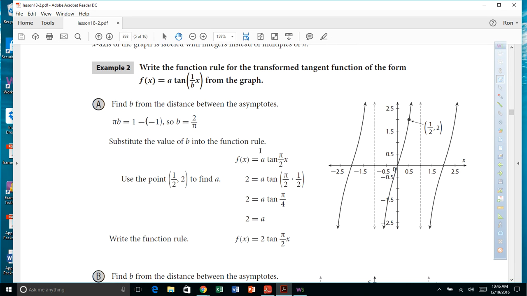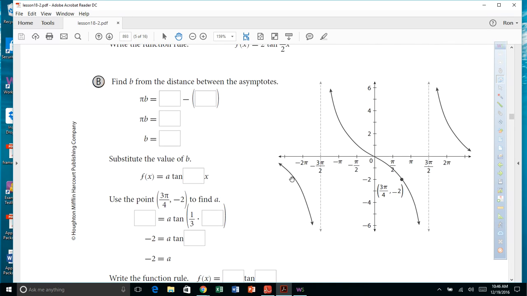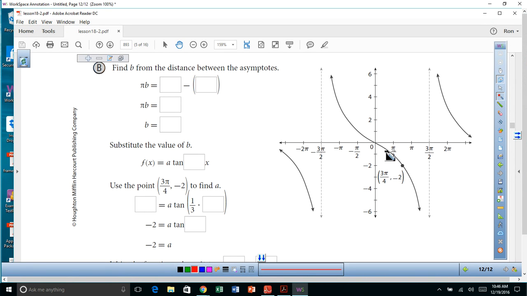Write the function rule for the transformed tangent function of the form f of x equals a tangent 1 over b of x from the graph. So go ahead and take a look at a, and when you get back, we'll do b together. All right. Find b from the distance between the asymptotes. So we have an asymptote at negative 3 pi over 2, and then we have another one at 3 pi over 2.